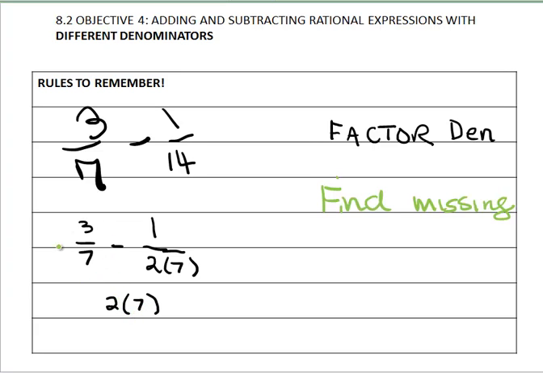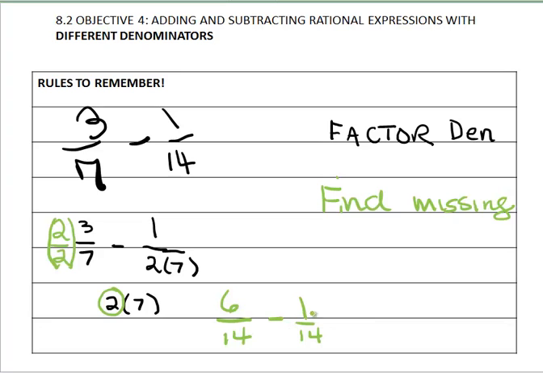So what's missing for this fraction is 2. So I'm going to multiply it by 2/2, because what I do to the bottom, I have to do to the top. And I will end up with 6/14. And then I'll subtract 1/14.